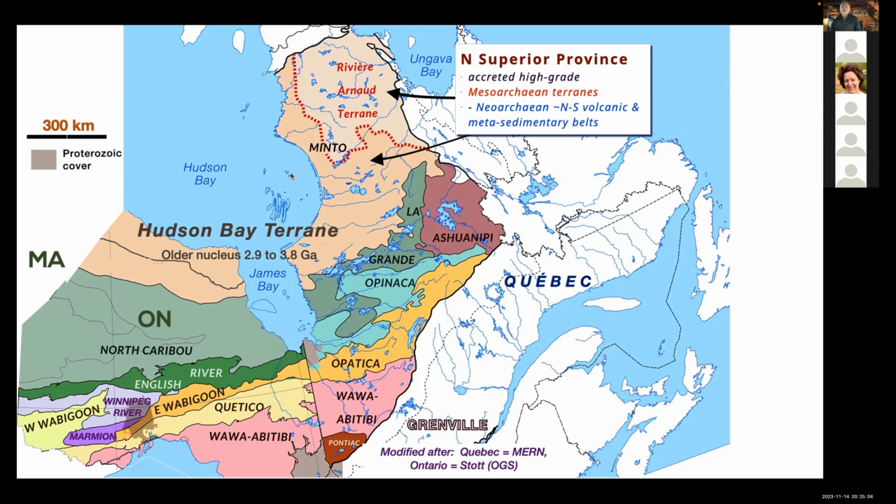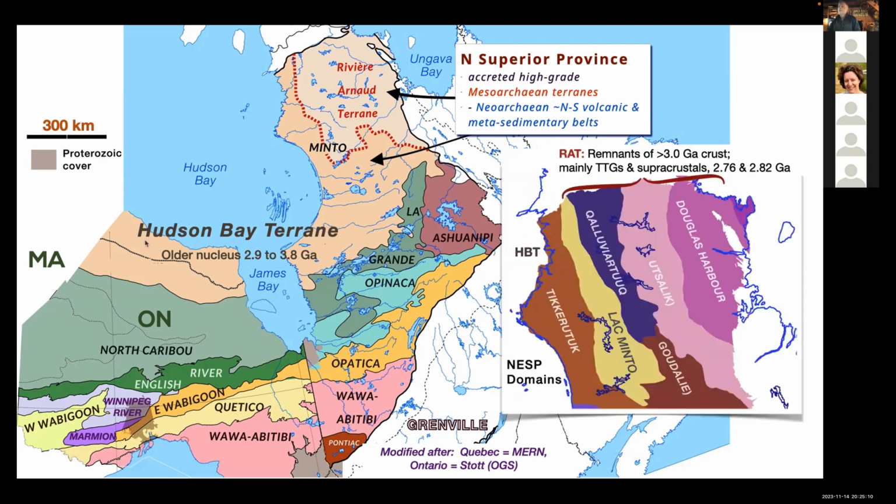And superimposed on these older terrains are Neo-Archean north-south volcanic and metasedimentary belts. And so if we look up here in the domain map of the Northern Superior, what we're now seeing is that all of these domains are trending at a high angle to those that are in the Southern Superior Province.